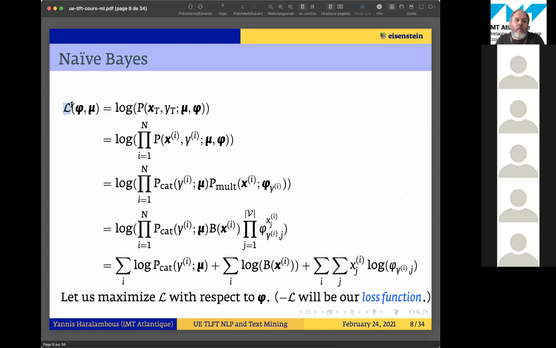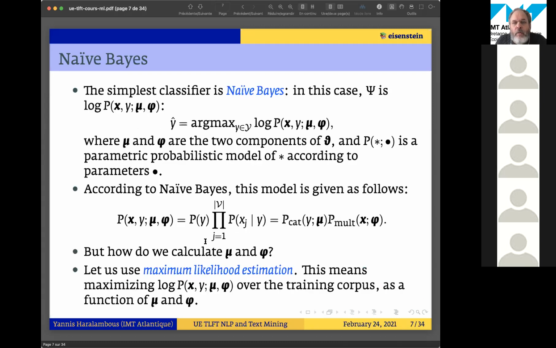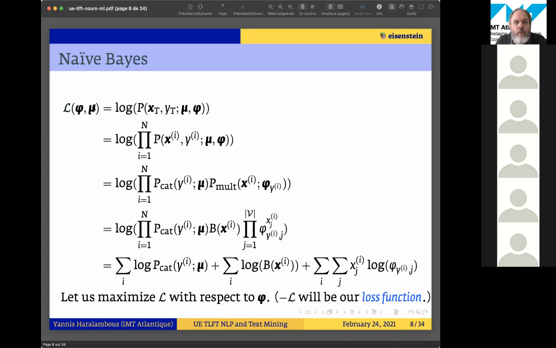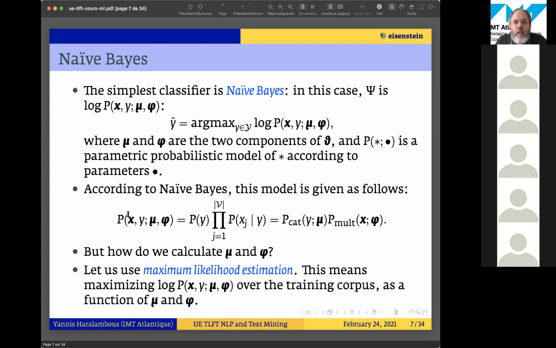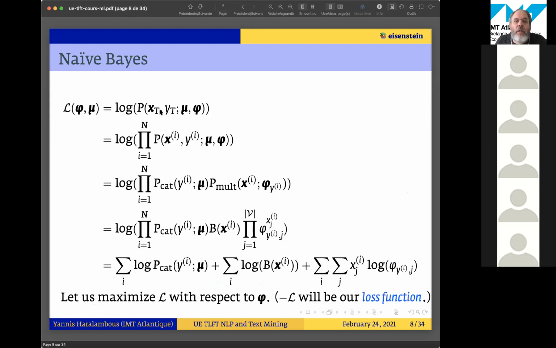This L, like likelihood, is now the calculation of this likelihood estimation. So likelihood, as I said, is taking the same formula as here, and considering it as a function of mu and phi. The T here means that it's on the whole corpus. And by the naive Bayes hypothesis, this joint probability is the product of the individual probabilities.